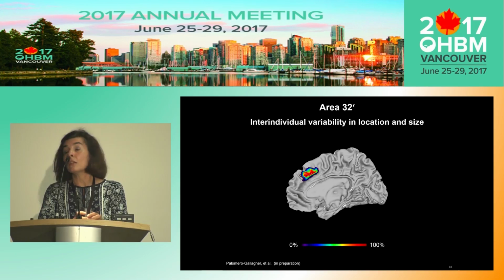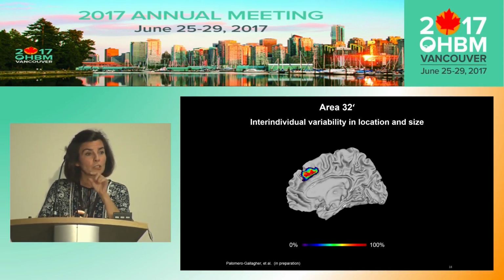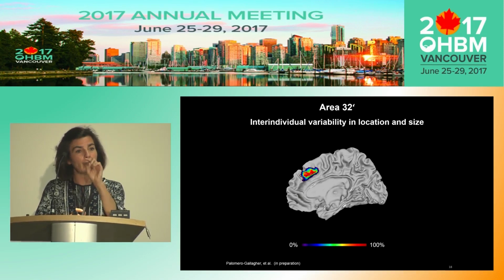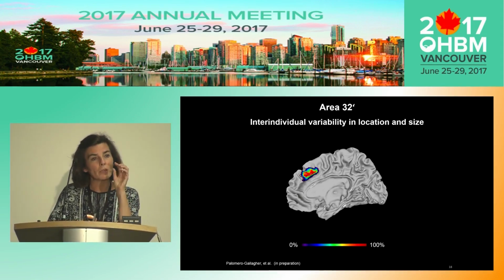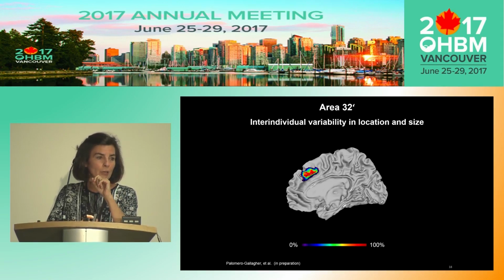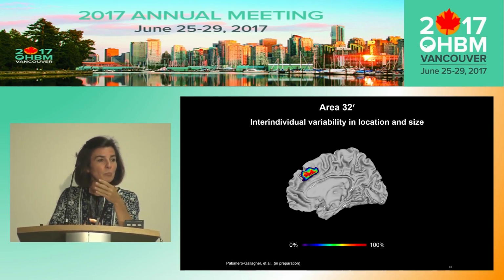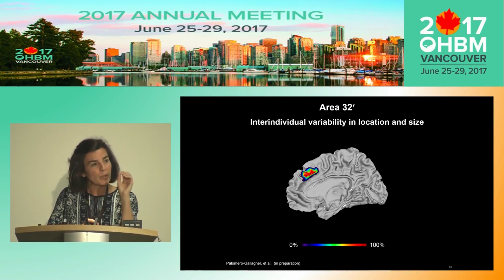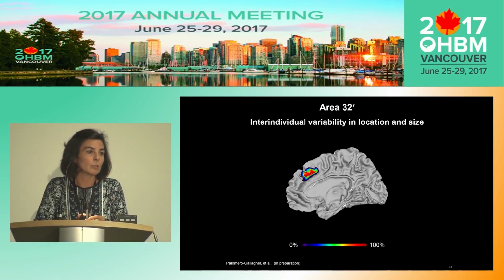At least, even in the anatomy toolbox, if there's not a cytoarchitectonically identified area at the location at which we are, the toolbox does tell you the gyrus in which you are. So then at least provide that gyrus, because it is important to pinpoint the anatomical structure underlying your activation.